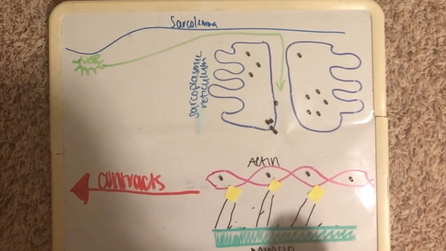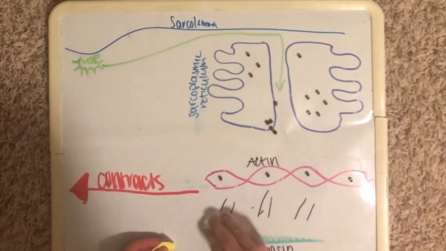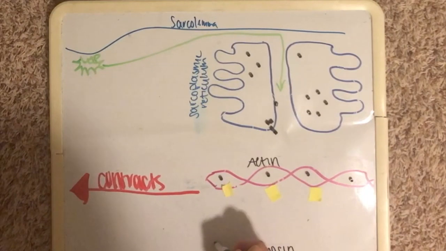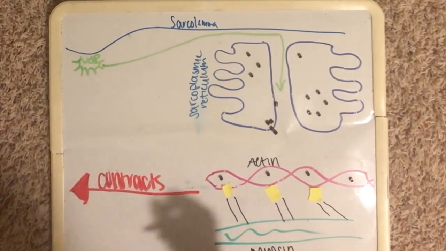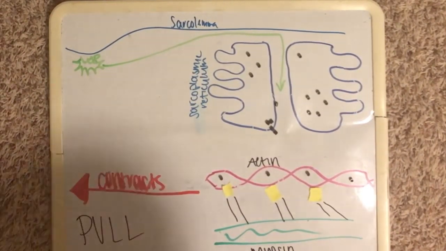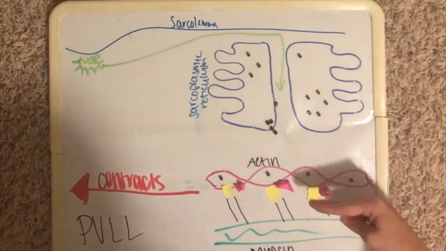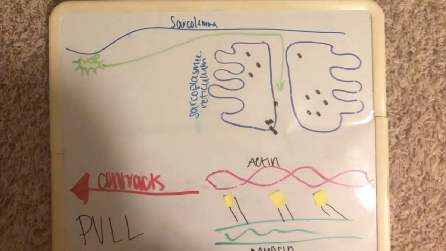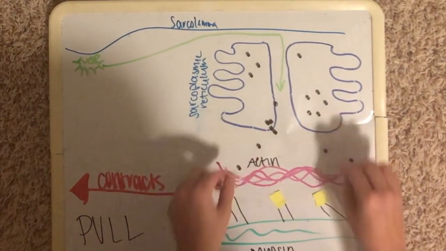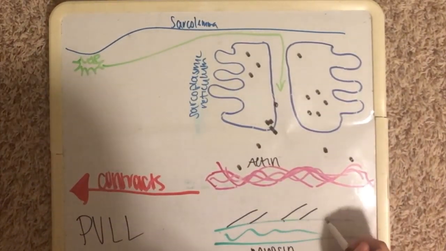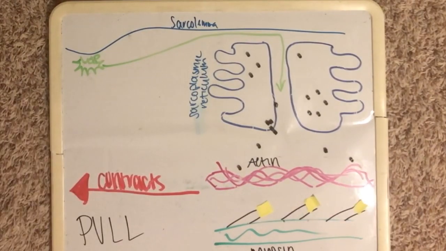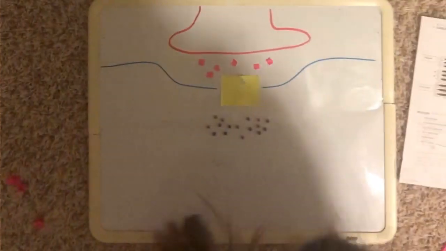After the myosin heads move the actin and contract the muscle, ATP has to come in and break off the myosin heads, or cut it off, so that it can chemically detach, because before, myosin and actin were chemically detached. After it breaks off, it's ready to start a new contraction. This process is known as the sliding filament theory.